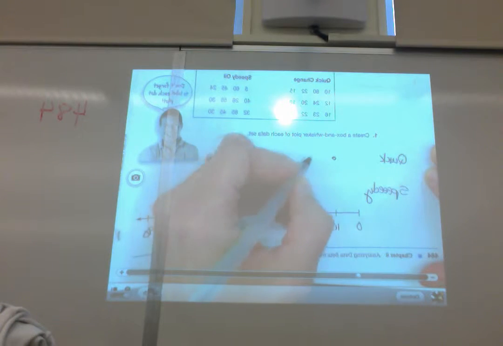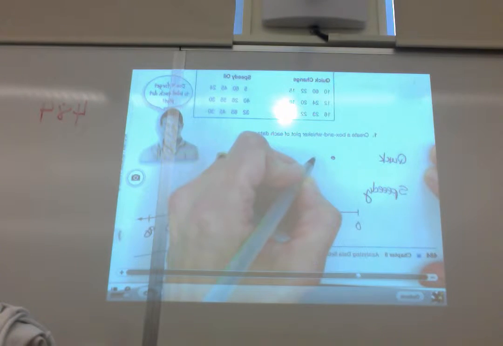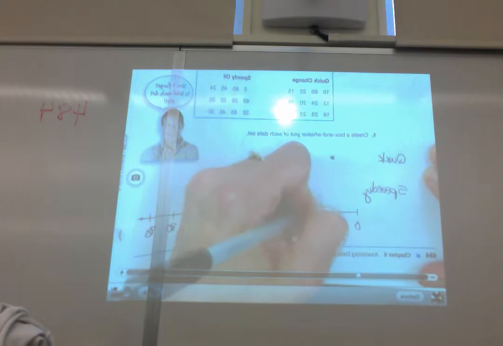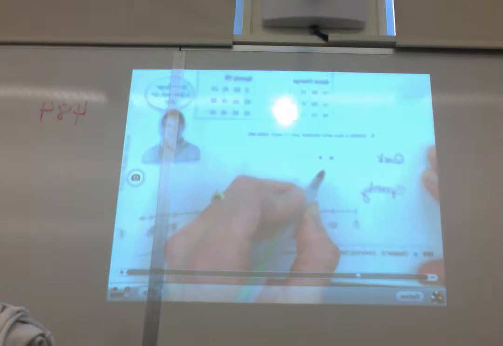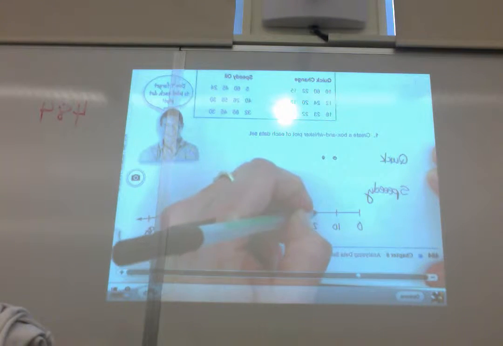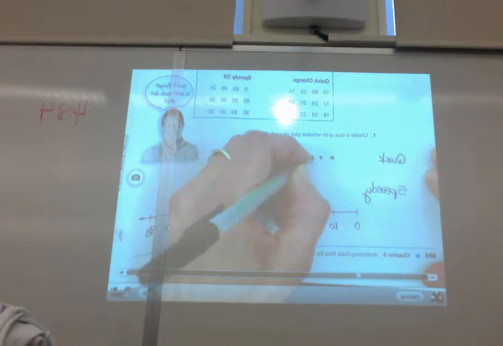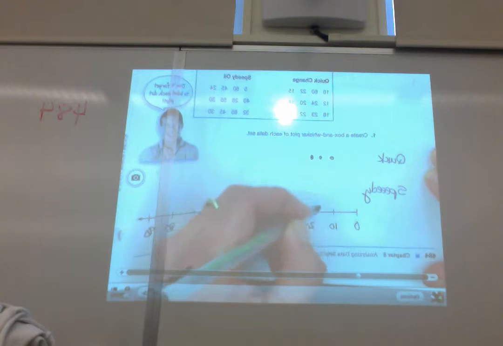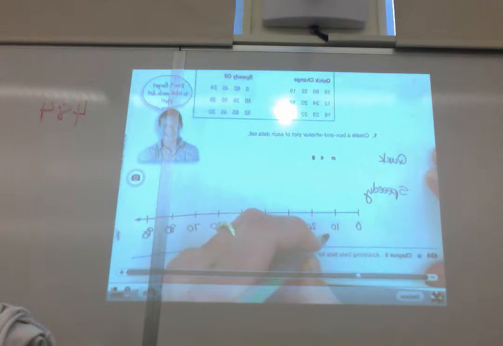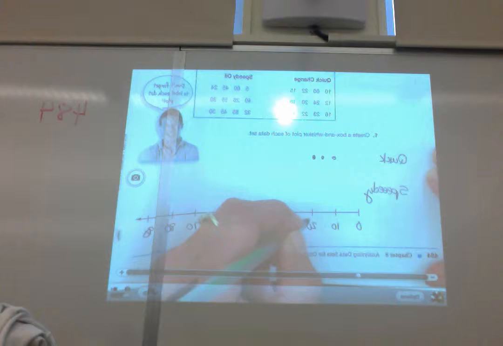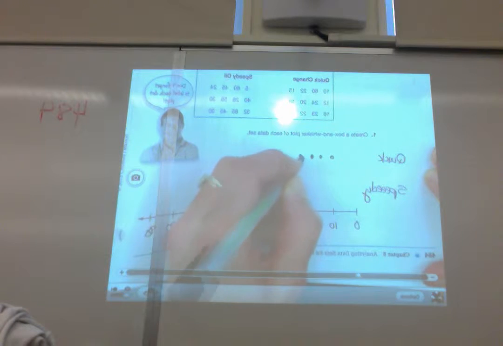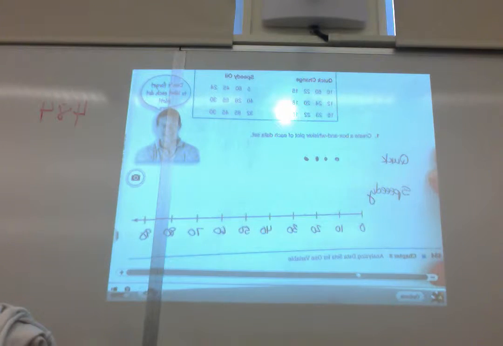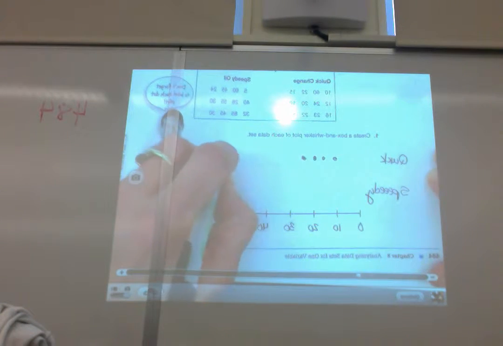Q1 is 15, so that's going to be between 10 and 20. I have to estimate with my eyeball. Median, 19, a little over from 20. Q3 is 22, so this is 25, and 22 is right about there. And max, 60 is way over here.